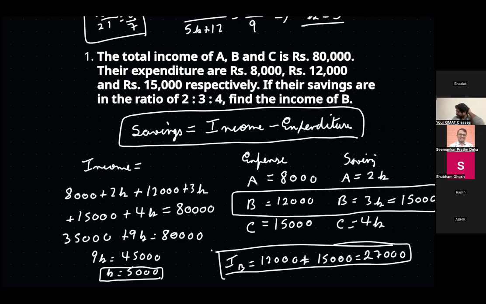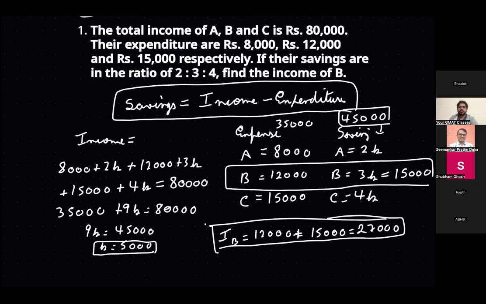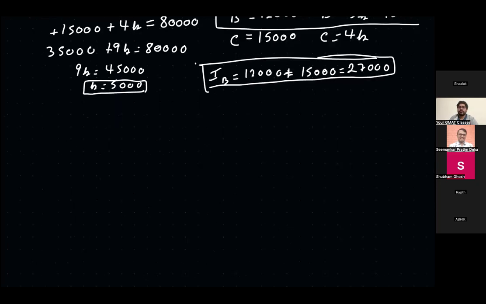Then with 2:3:4, that is 9 parts, I got K as 5,000. I just made one equation. You can do that. The point is that total expense is 35,000, so saving has to be 45,000, and then solve further. It's pretty much the same thing. This is clear to everyone, right, class?